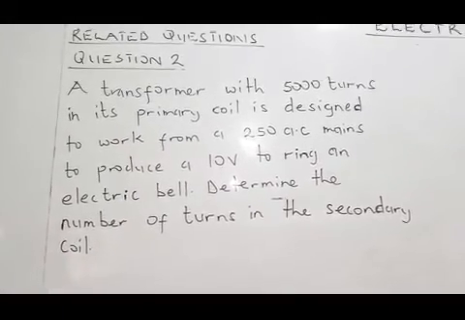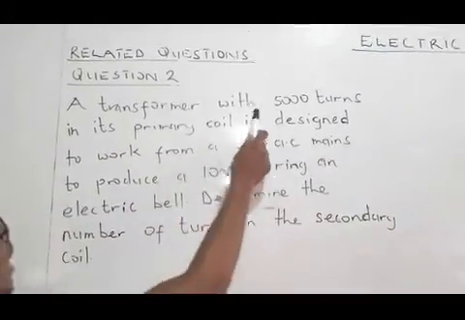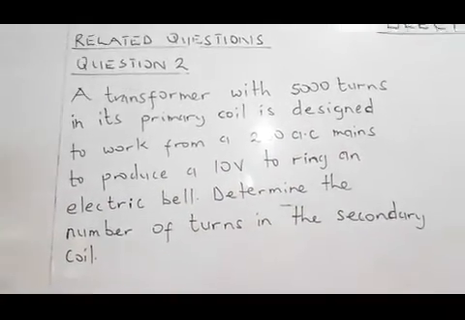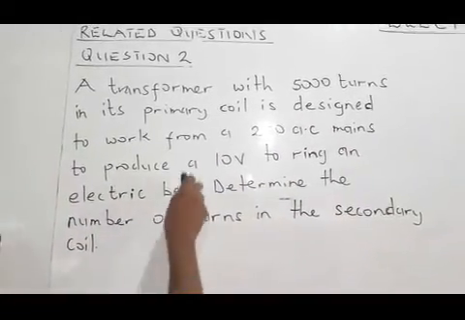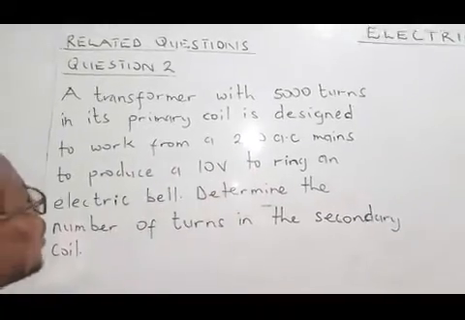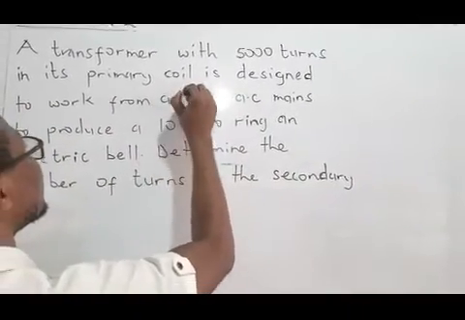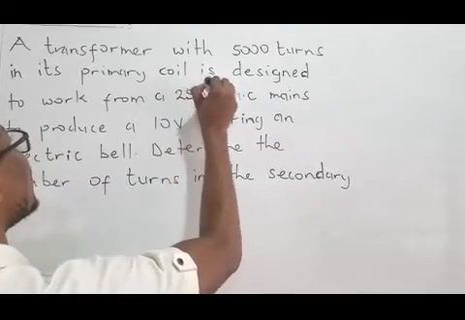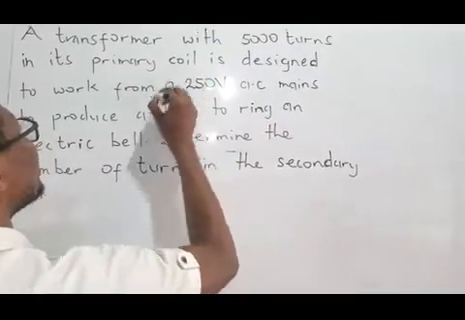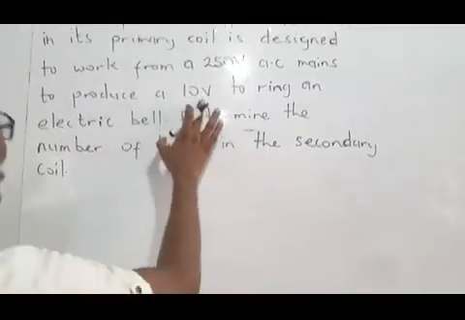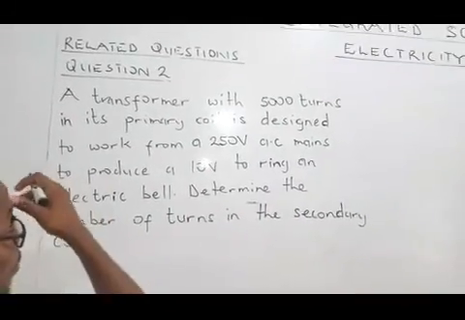So from the question, we have the number of turns in the primary core. The transformer is working from a 250 volt AC mains to produce a 10 volt output to ring an electric bell.